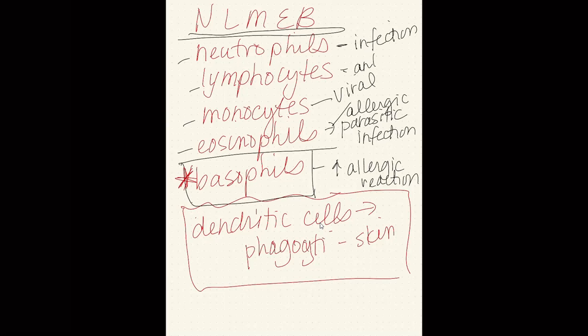They release histamine, and histamine makes capillaries leaky. When you have a cold or an allergic reaction and your nose starts running and your eyes start watering, that's histamine being released.